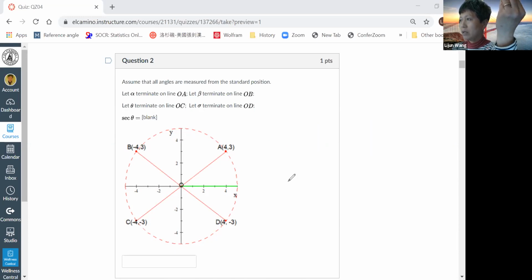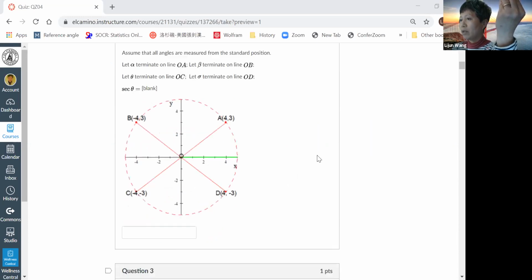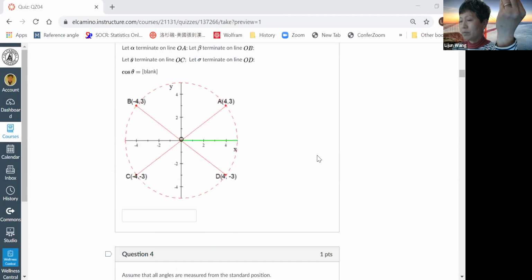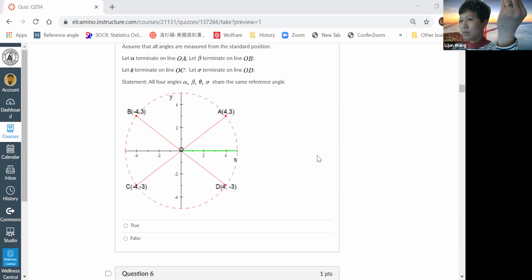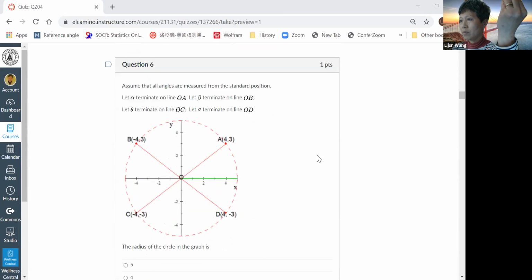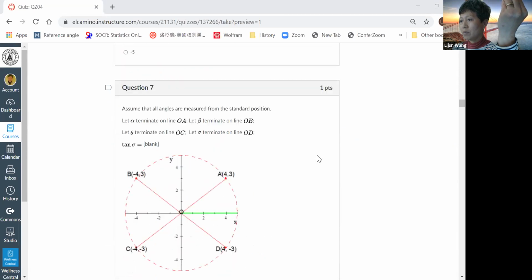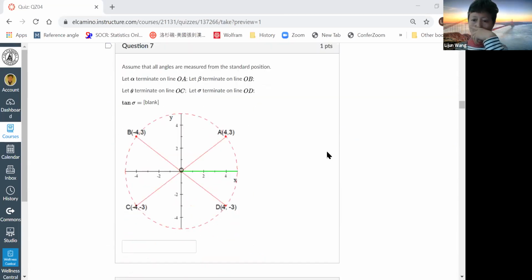Okay, now I'm going to give you some other scenarios. Tangent. So this time is tangent sigma again.